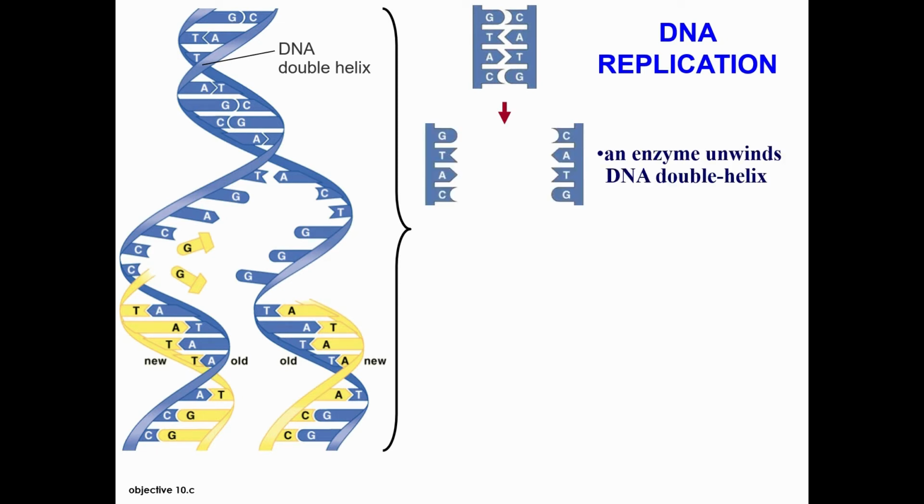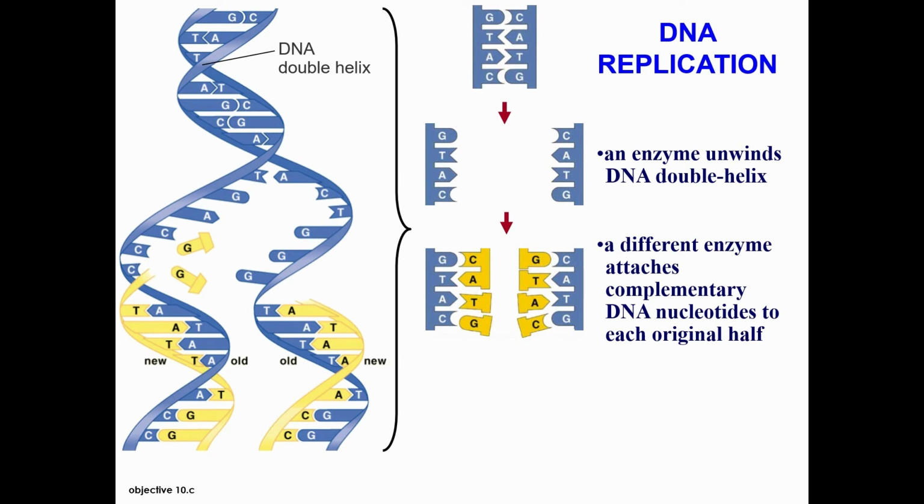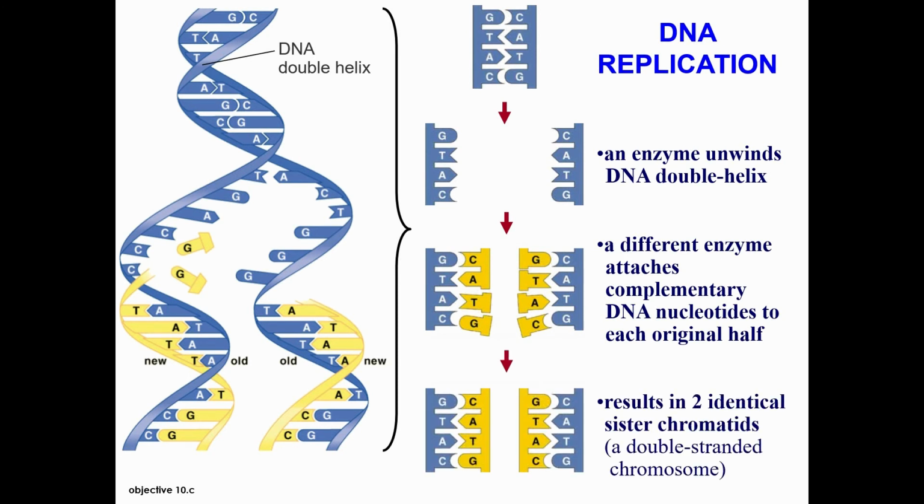A different enzyme is going to attach complementary DNA nucleotides to each original half, and this will result in 2 identical sister chromatids. So essentially what we're doing is using the template of the original DNA and the fact that nucleotide bases are only going to pair with 1 other base to make a perfect copy of the other side. Now we'll watch a video explaining this and then we'll unpack it a little bit.